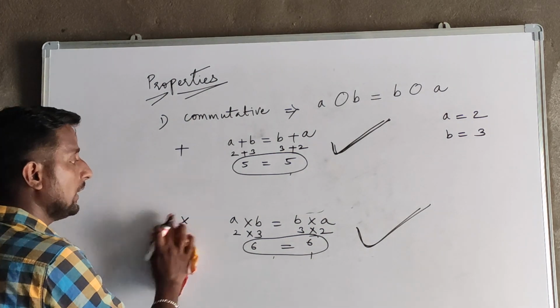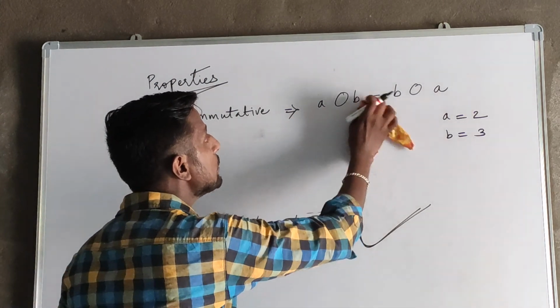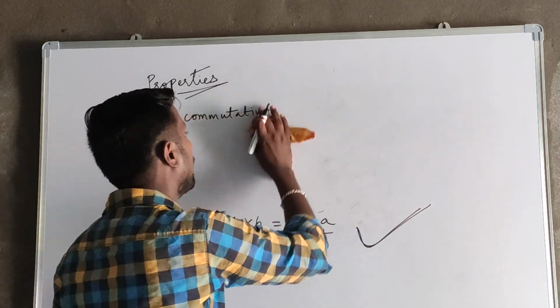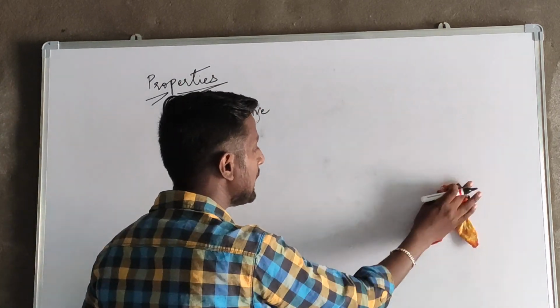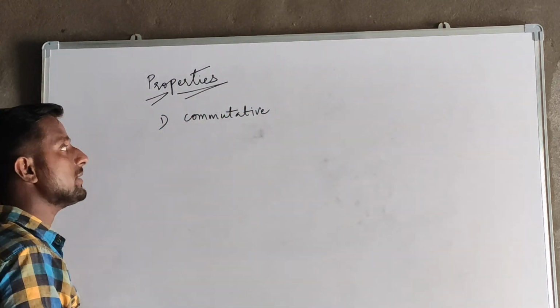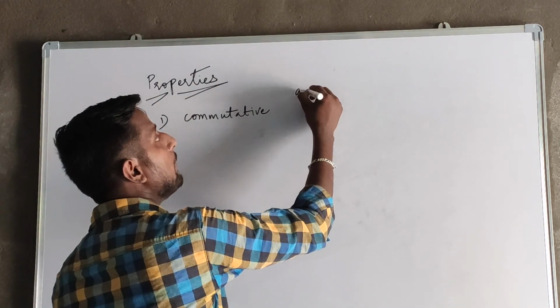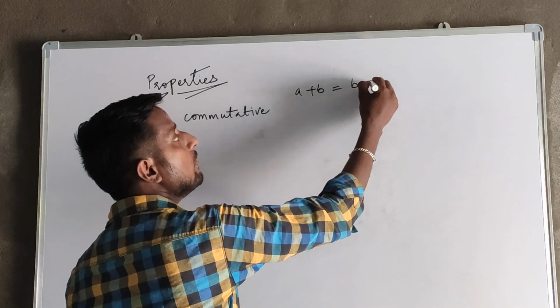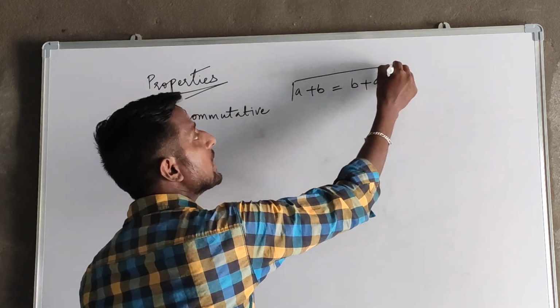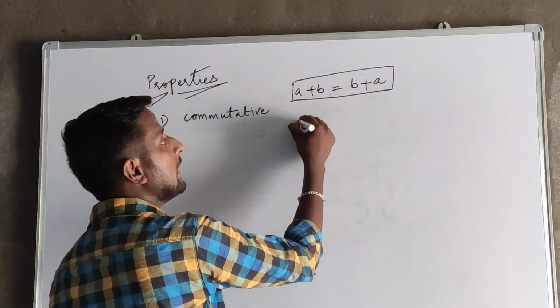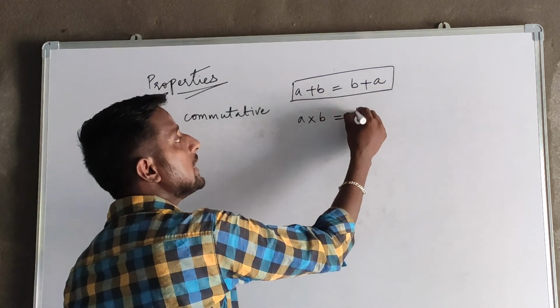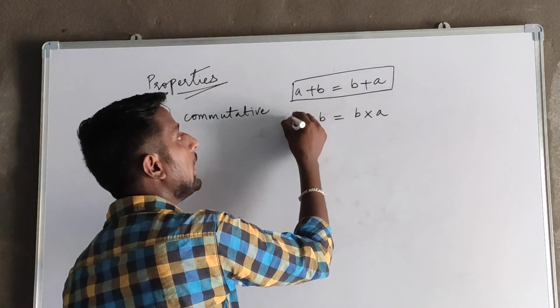What are they? A plus B is equal to B plus A. That is the first property, commutative property. Next, A into B is equal to B into A.